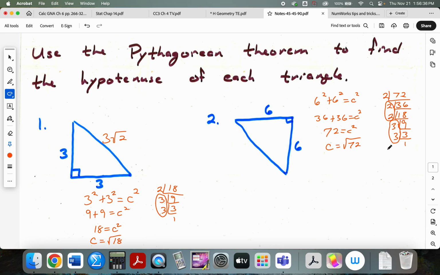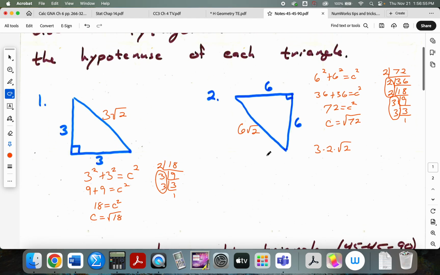The square root of 2 times the square root of 2 is 2. So we've got 3 times 2 times whatever's left under the square root of 2. So this is 6 square roots of 2. So we can do those problems by doing the Pythagorean theorem.